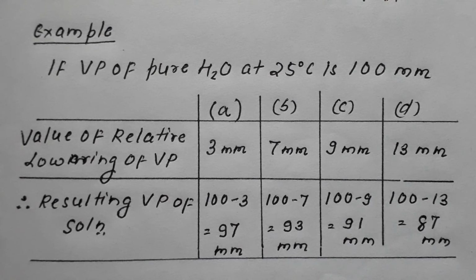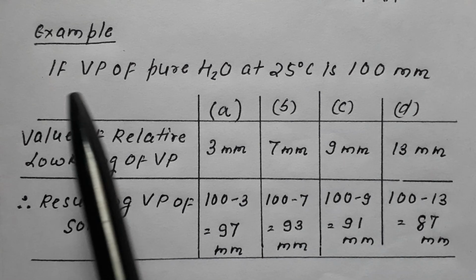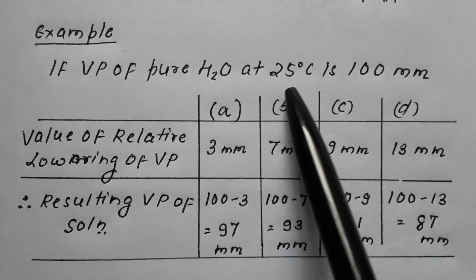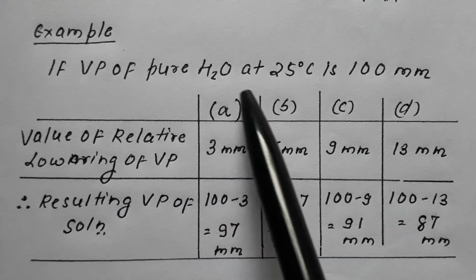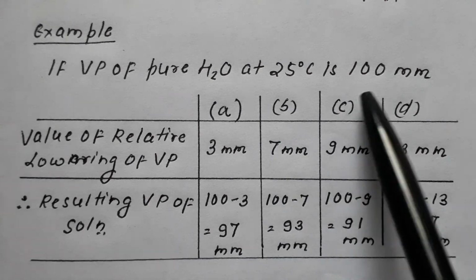Now, just to make it clear, let us take an example which will make this concept absolutely clear. We are dealing with the trend of relative lowering of vapor pressure and the resulting vapor pressure of the solution. Suppose the vapor pressure of pure water at 25 degrees centigrade is 100 mm.